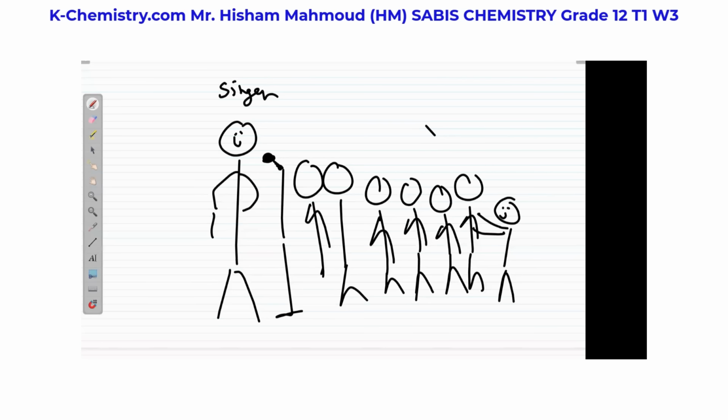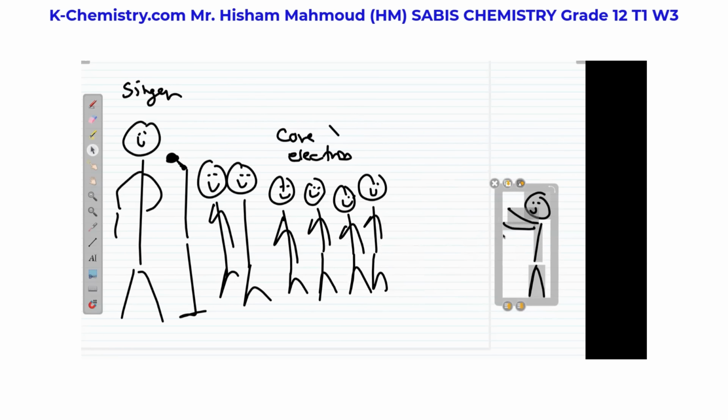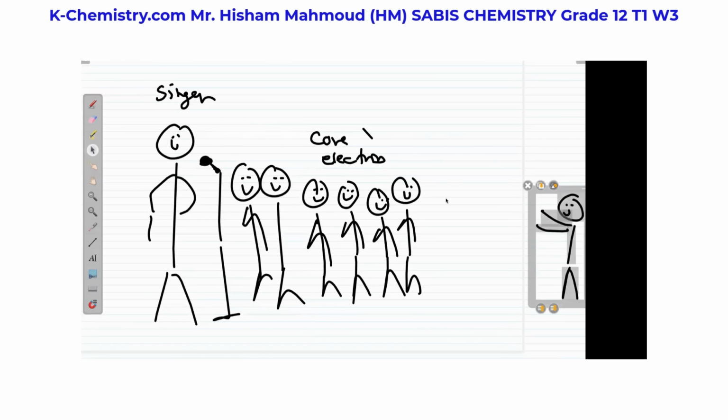The more these people are here, the more core electrons are here, the more difficult it is for you to come closer to your singer. So these people are increasing the repulsion between you and the singer. If your mother comes and wants to take you away, it will be an easy job because there is less attraction between you and this guy.